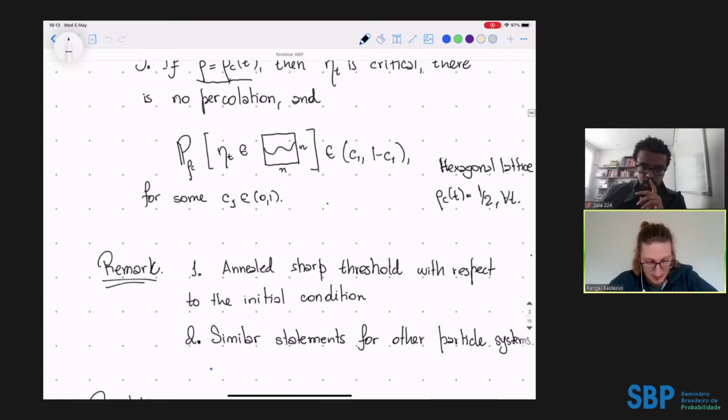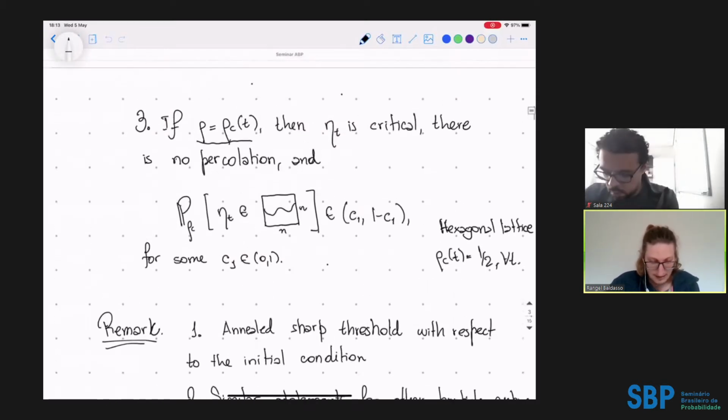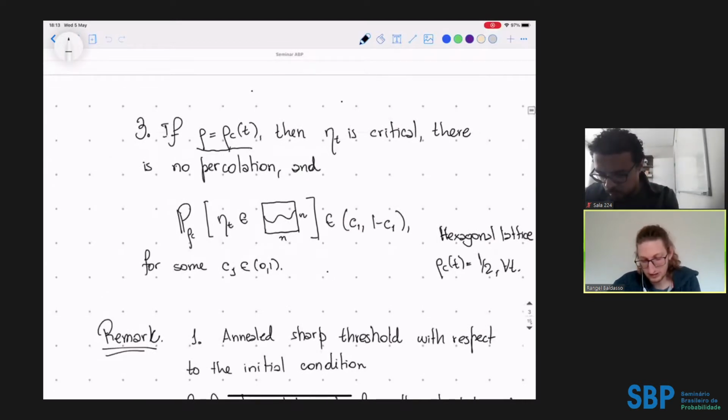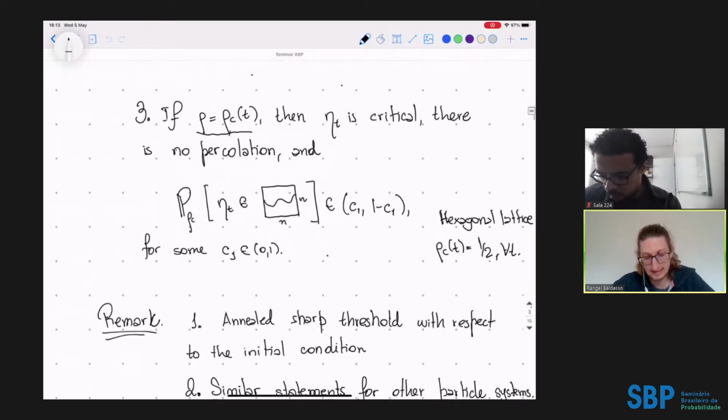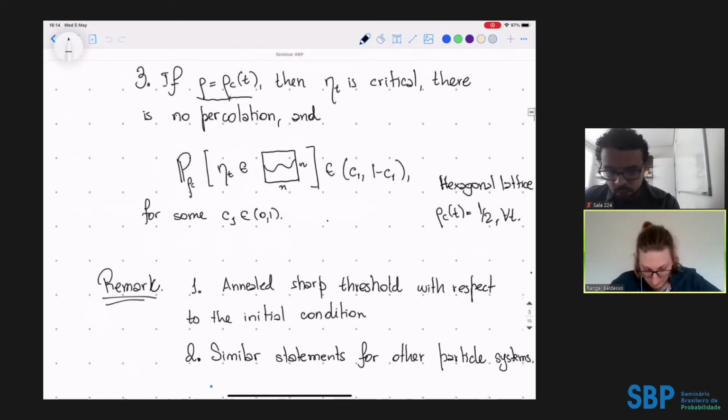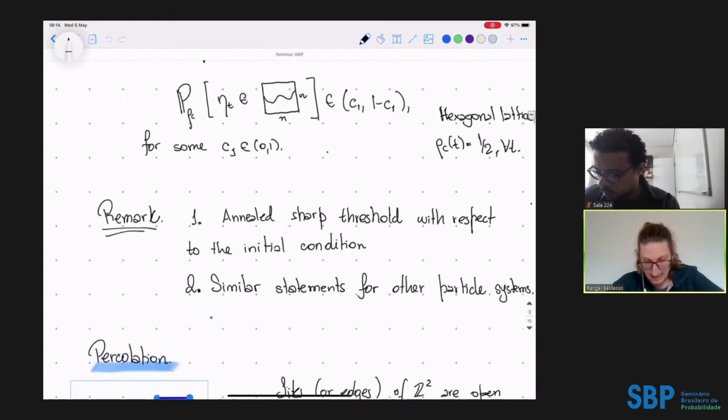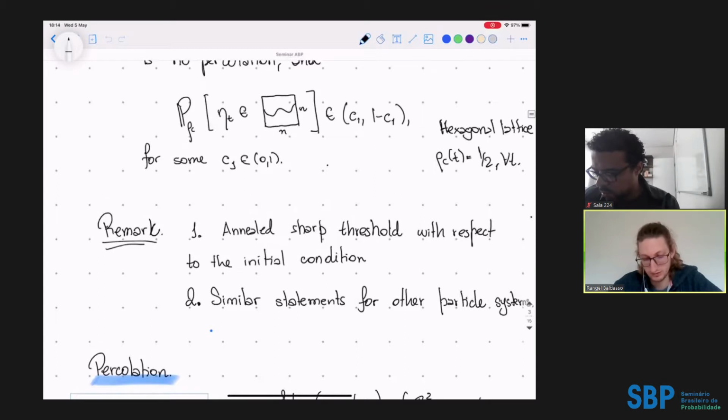So maybe two small remarks about the theorem here. First of all, this is an annealed sharp threshold result with respect to the initial condition, in the sense that you don't really need to condition on the realization of the clocks, and it's actually not clearly true that something like this should happen when you condition on the realization of the clocks. Also, similar statements hold for other particle systems, but you need some conditions on the particle system being considered.